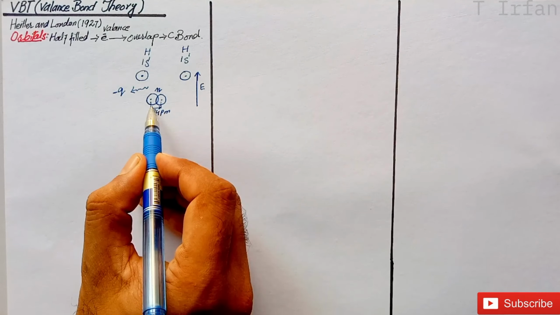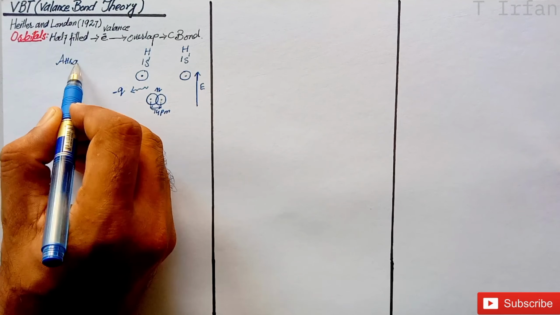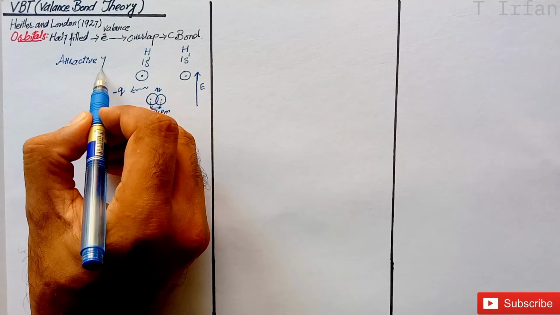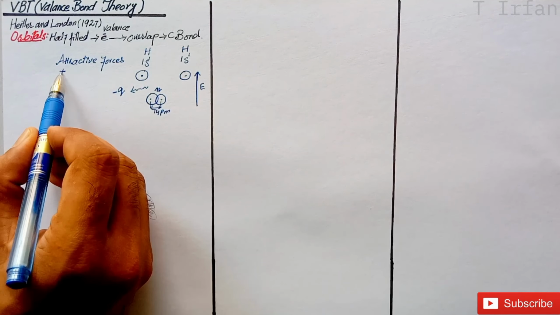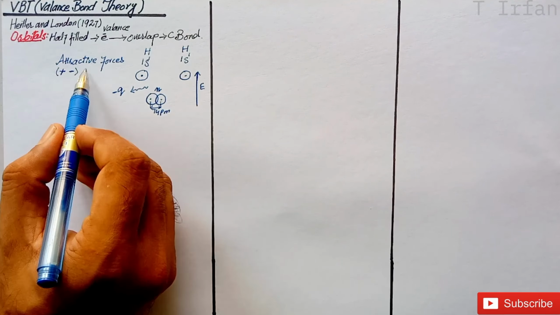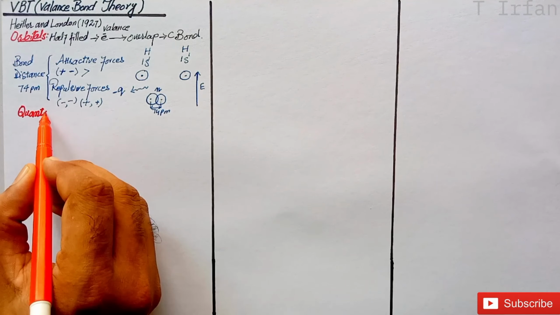This is because at this distance the attractive forces between positive and negative charges, between nucleus and electrons, become dominant over repulsive forces between electrons and between protons. As the attractive forces become dominant, this leads to bond formation and stability of the system by releasing energy. And the second approach is quantum mechanics.